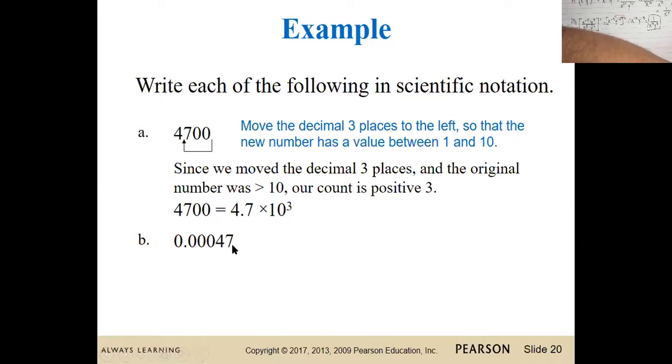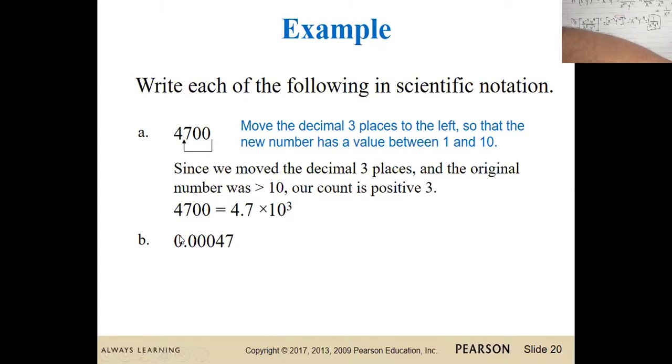So again, even though this is a decimal, where I want to move it is the same. I want to move it to between the 4 and the 7 because it has to be a number between 1 and 10. So we're going to count. I'm moving it 1, 2, 3, 4 places to get it between that 4 and the 7.